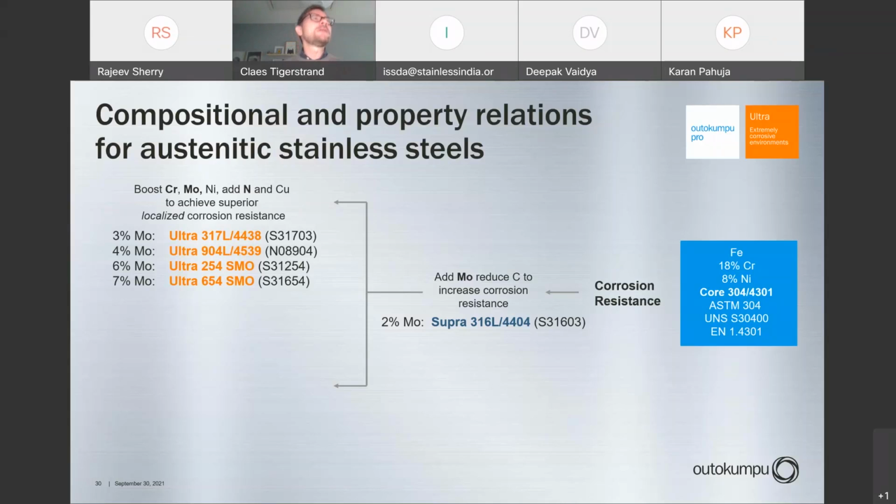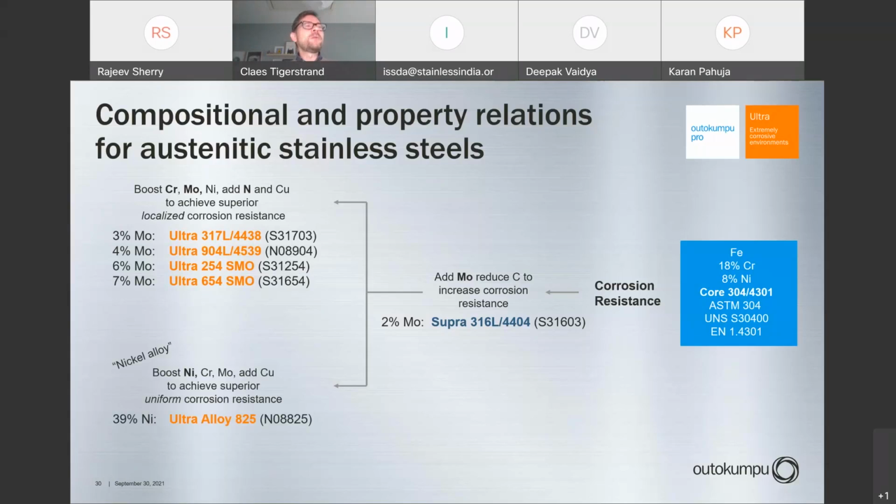We have the Ultra 254 SMO, and probably the most corrosion resistant grade on the market, the 7 moly grade Ultra 654 SMO, where you have a PRE, if I remember correctly, of 54 or something like that. So very high resistance.